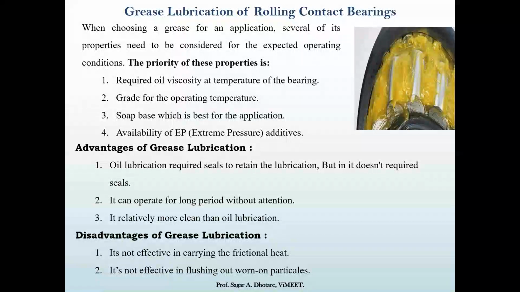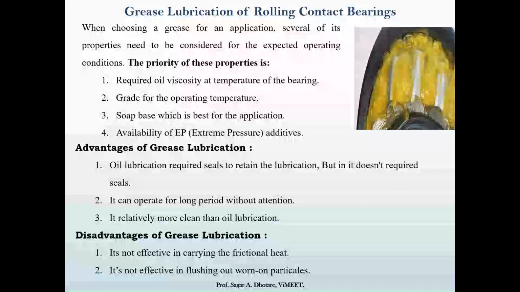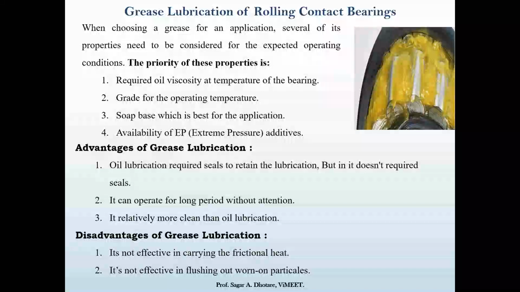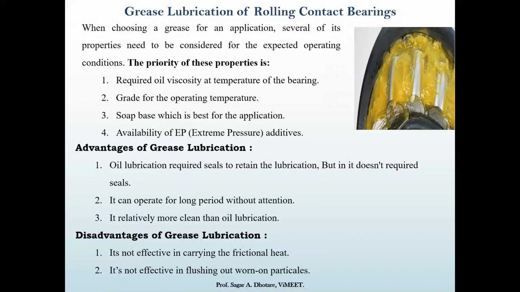Third one, it is relatively cleaner than oil lubrication. Oil can flow from anywhere, in any direction, if its viscosity reduces. So it may become unclean, and it can increase the dirt and all. So that's why grease is more preferable in that condition.